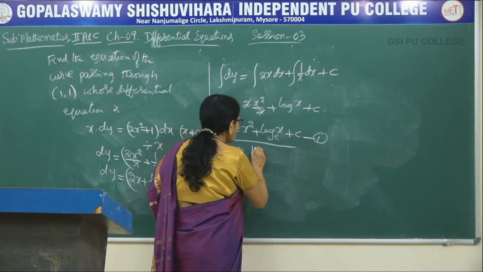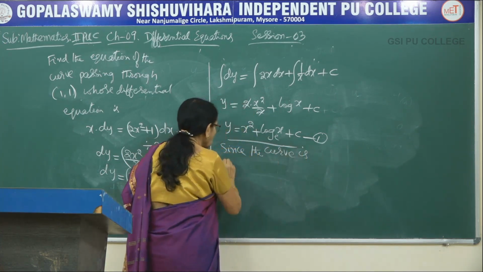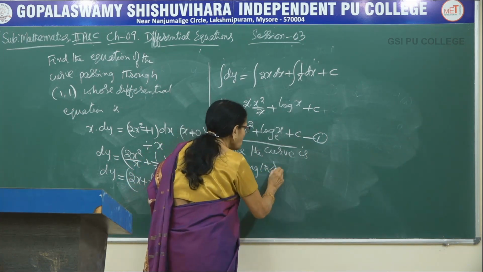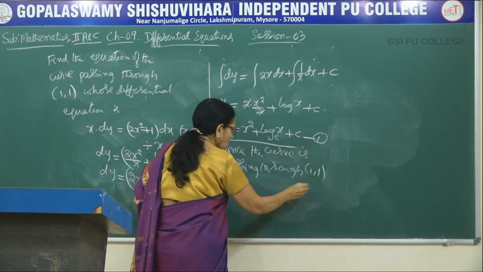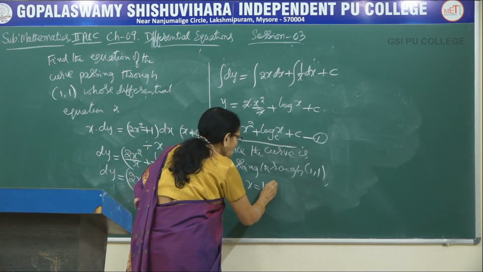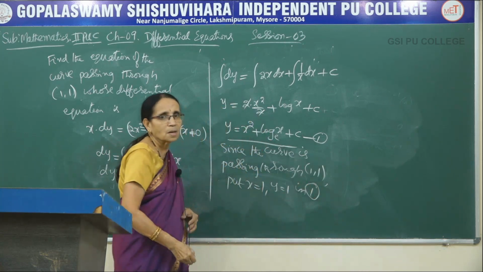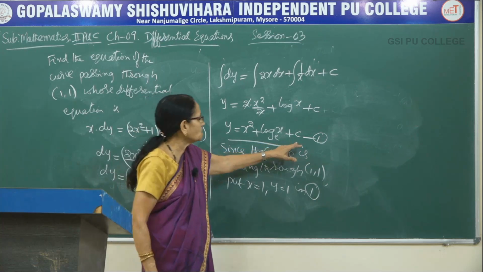So, since the curve is passing through the point (1, 1), you write: now, put x is equal to 1 and y is equal to 1 in the result 1 here. Put x equal to 1 and y equal to 1 in the result 1, that means this one.